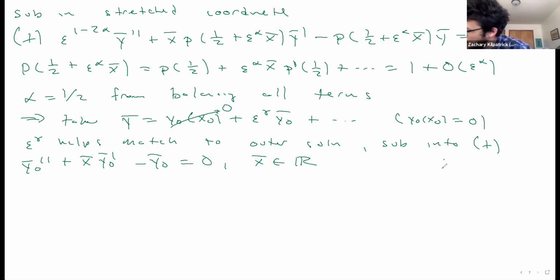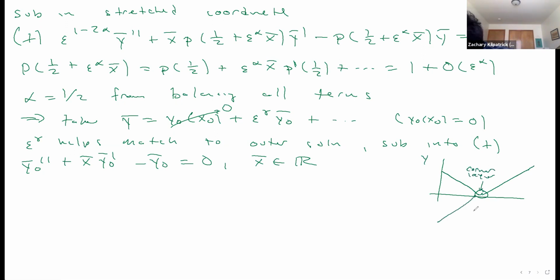What's happening here, if we take a step back, is that y looks like this. I'm going to have my left outer solution go like this, my right outer solution go like this, and then in between here is my corner layer. If I zoom in on that, what I should get is something that rounds that corner off appropriately so it's not sharp.